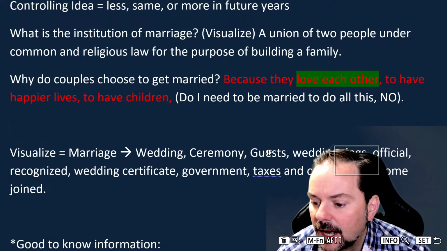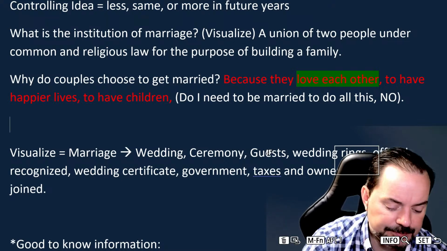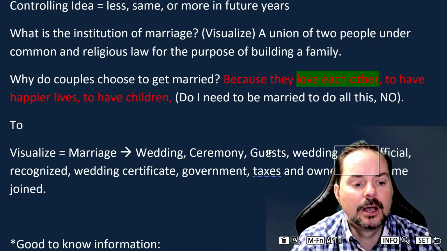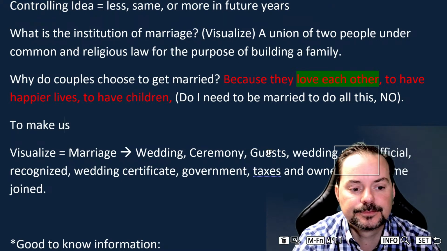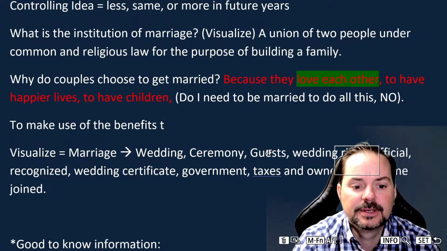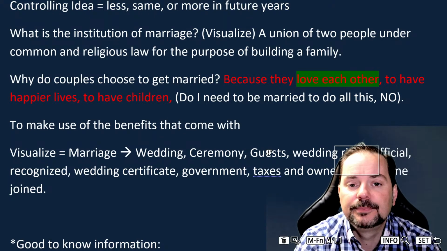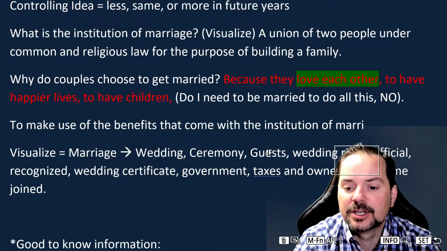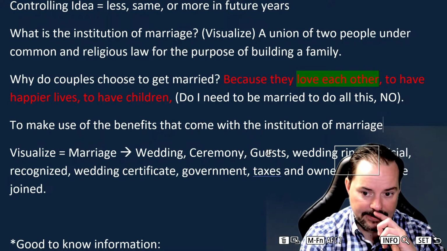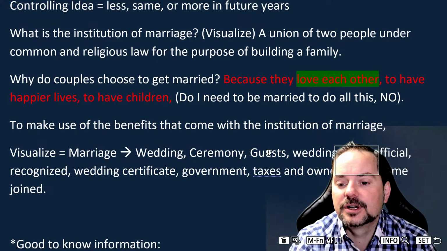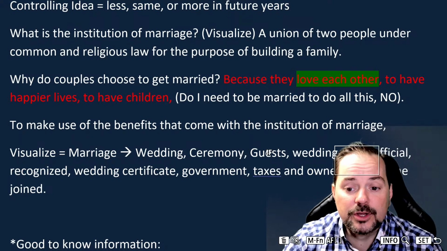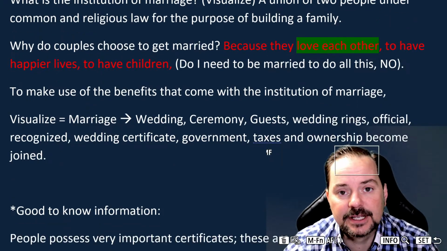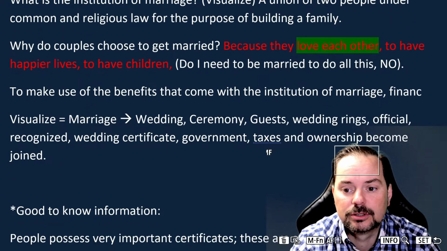one reason that people might get married is to make use of the benefits that come with the institution of marriage. Okay? So, for example, when you're married, one of the benefits can be for sure financial.